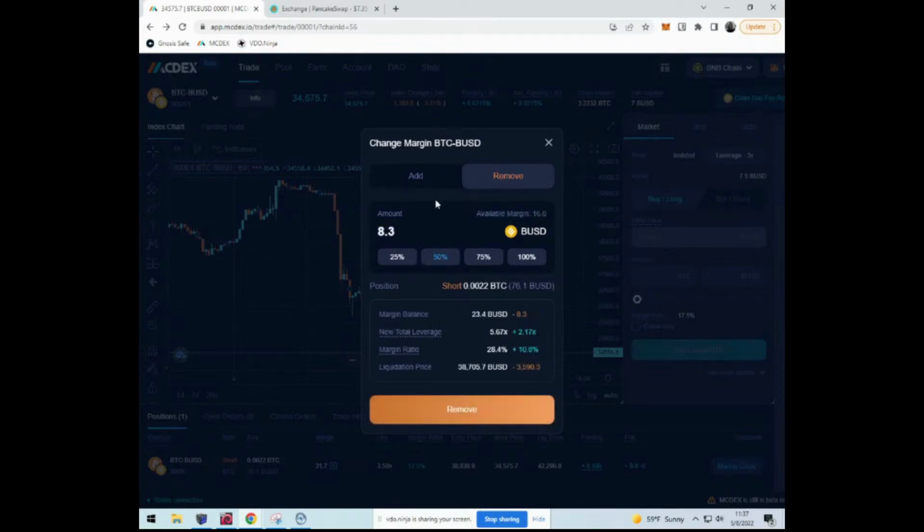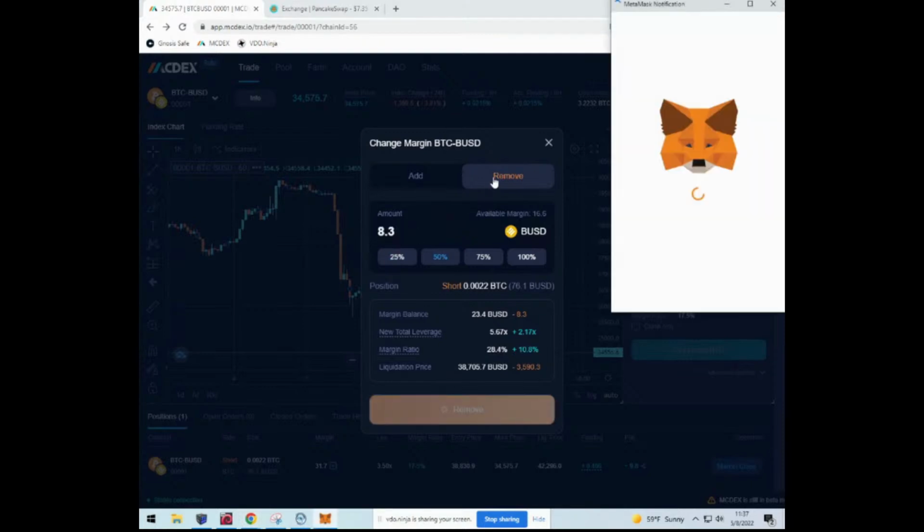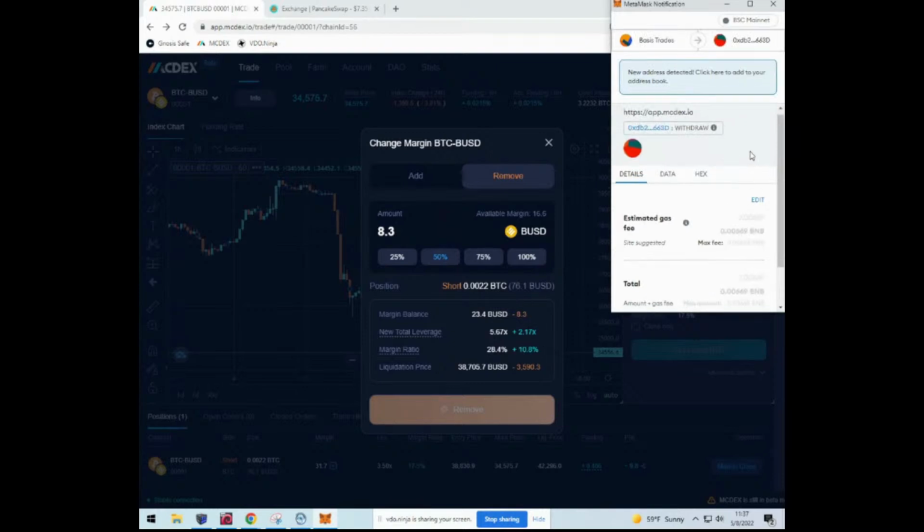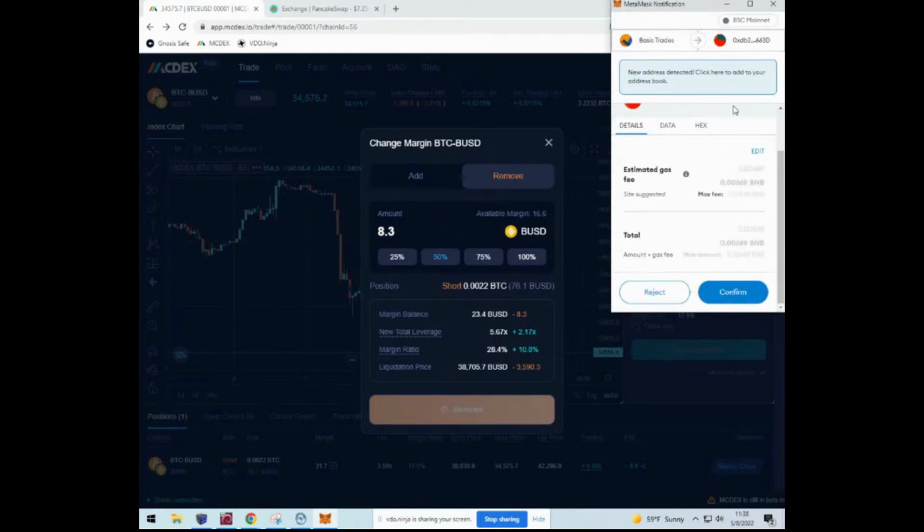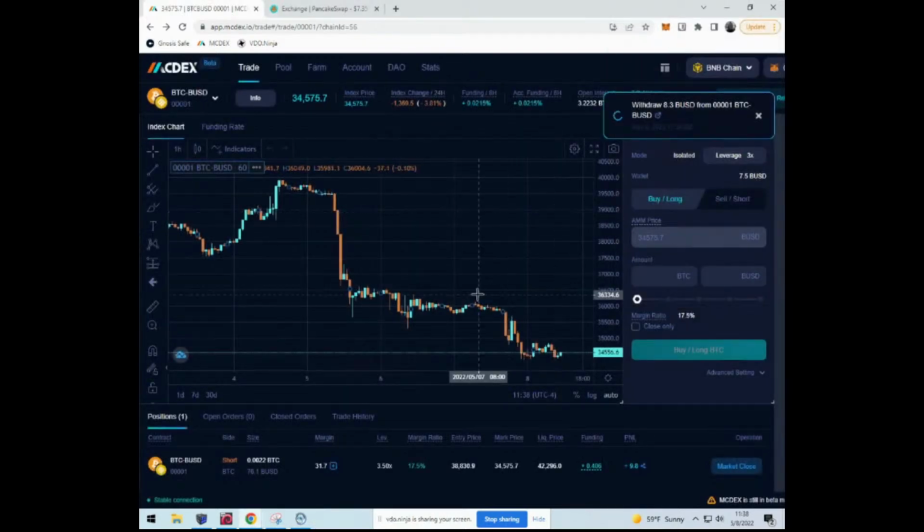So we're going to remove 50% of what's available now. That's going to give us $8.30 back. But it's also going to increase our margin ratio and leverage. But that's fine, because what we're going to do is take that $8.30 that we get back.